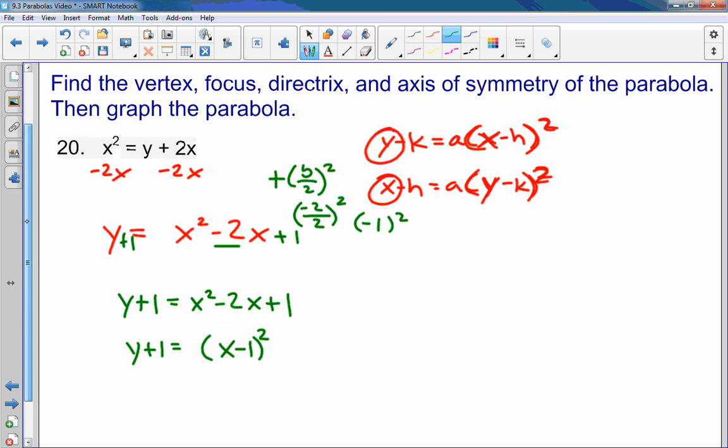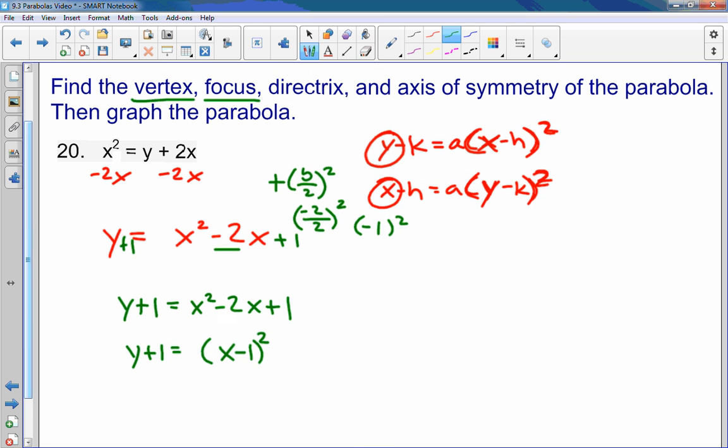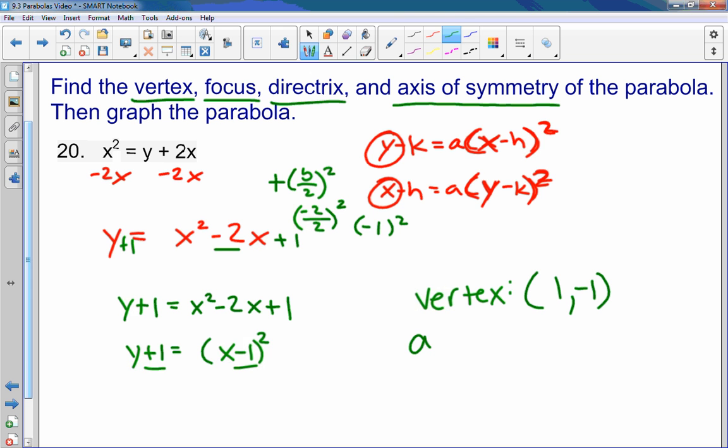Okay, so it's asking, what's the vertex, what's the focus, what's the directrix, and what's the axis of symmetry? So the very first thing I should do is find the vertex. That's the easiest one to find because it's h comma k. Take the x value and then the y value. So my vertex is going to be (1, -1). The second easiest to determine is the axis of symmetry.